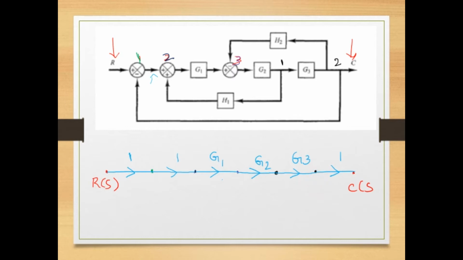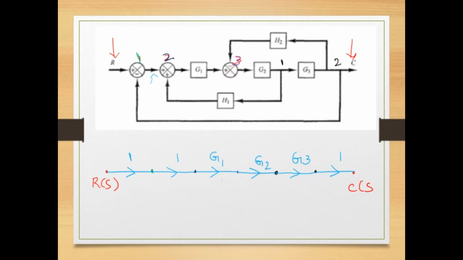Okay, so the feedbacks, what we are going to draw is just see from the second takeoff point. This one I'll represent first. From the second takeoff point to the third summing point, the gain is H2 with a minus sign. So how am I going to draw it?